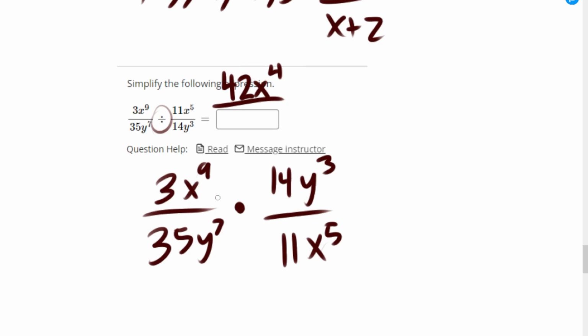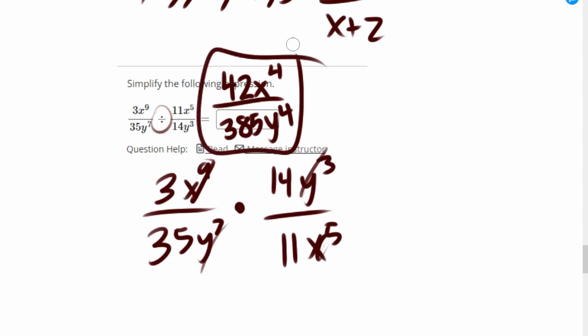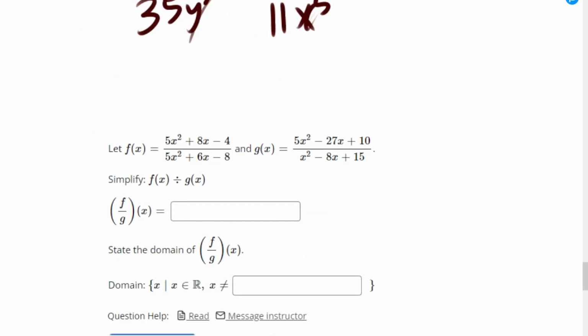Divided by, now we can, so we got rid of this, and then the y cubed. 35 times 11 is 385. So we have 385y to the 4th. Gross. But you got to get accustomed to seeing those gross answers, because that is how it goes sometimes when you get into higher level math.